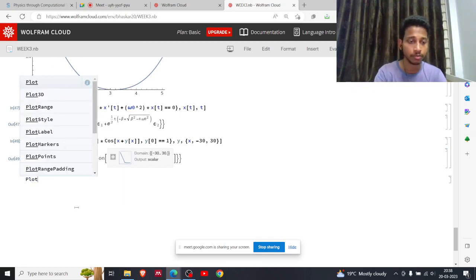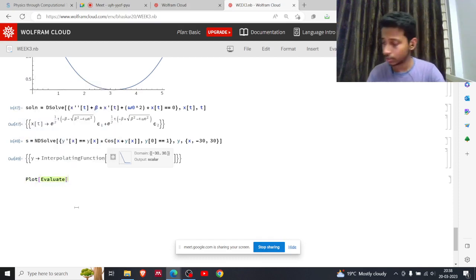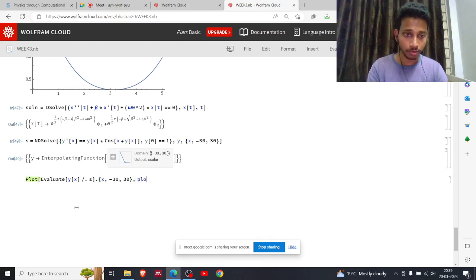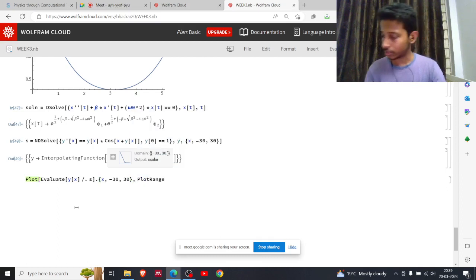Now plot, evaluate y[x], x from minus 30 to 30, plot range.